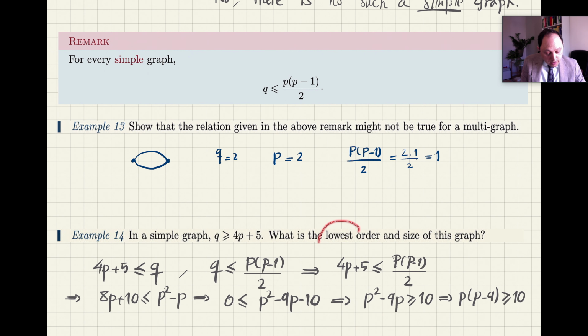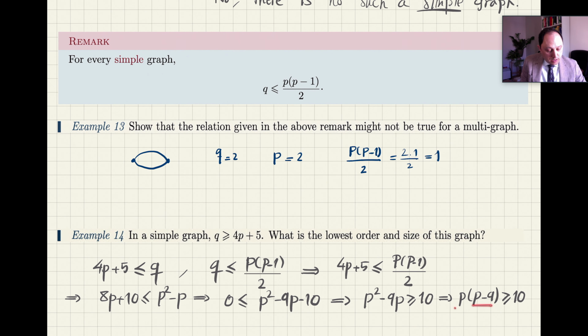Then I factored p out. I want to find the lowest order, which means I want to find the lowest value for p that satisfies this inequality. So you see that the first number that satisfies this inequality, as you said, is 10. If I put 1, 2, 3, this becomes negative.